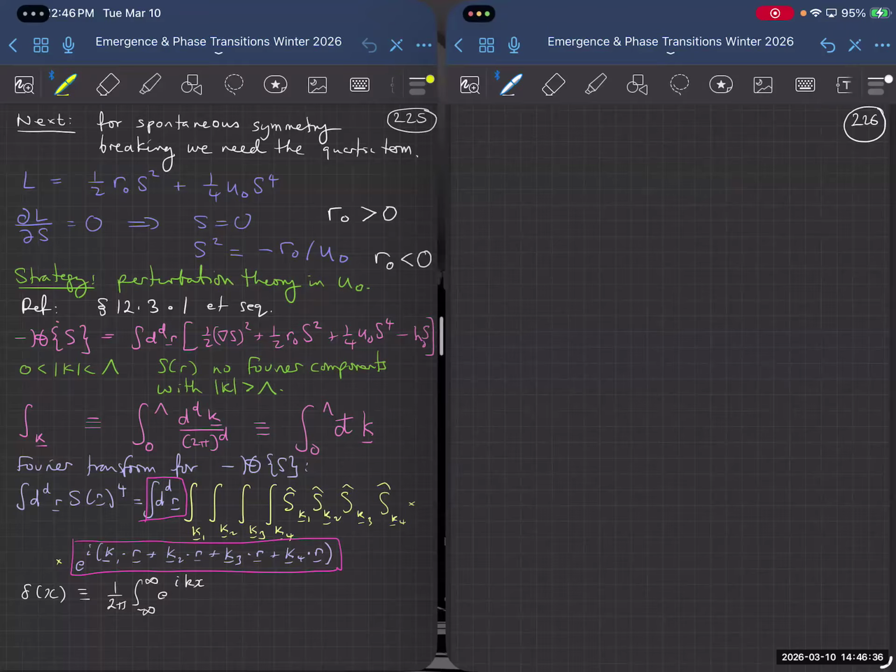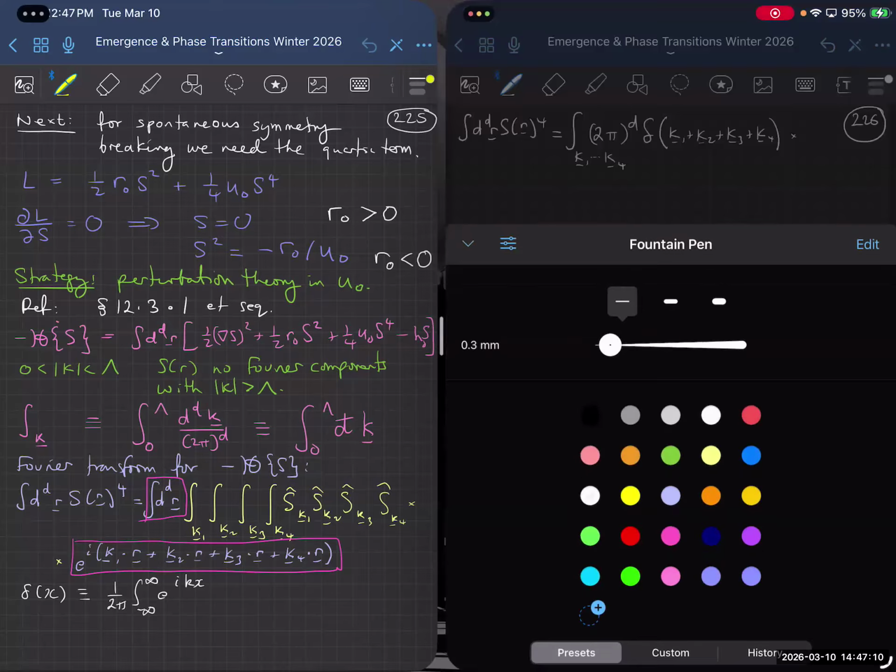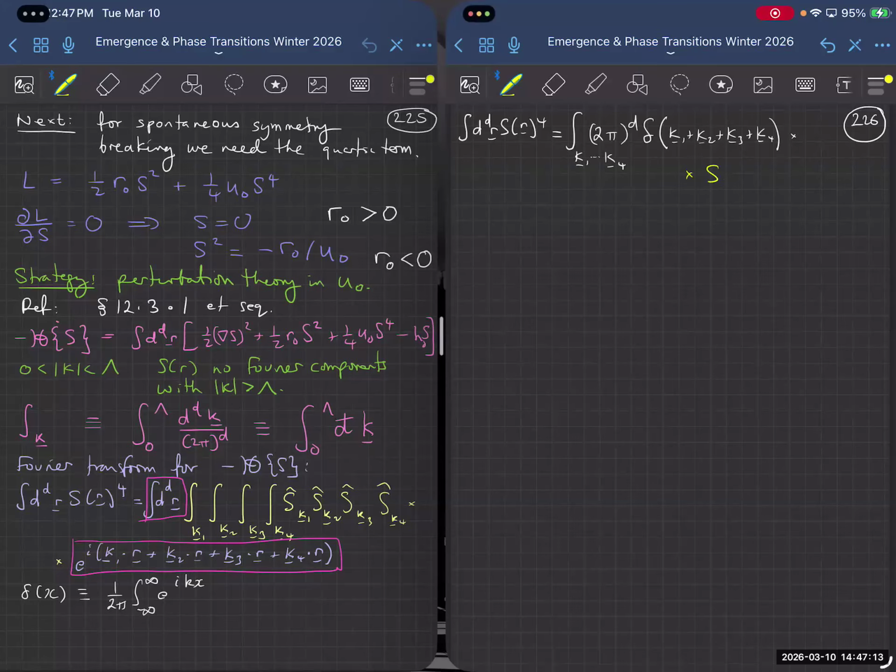The integral d^d r of s(r) to the fourth is then going to equal the integral of k1 up to k4, times (2 pi)^d times a delta function of k1 plus k2 plus k3 plus k4, times my fields s(k1), s(k2), s(k3), s(k4).